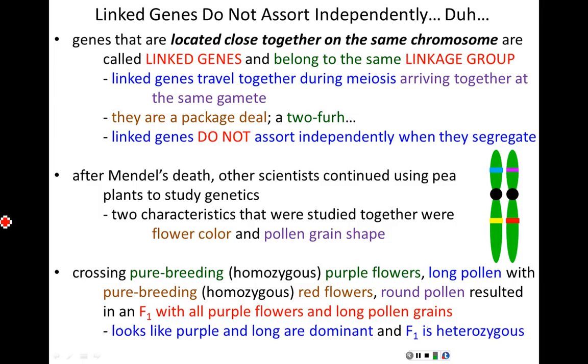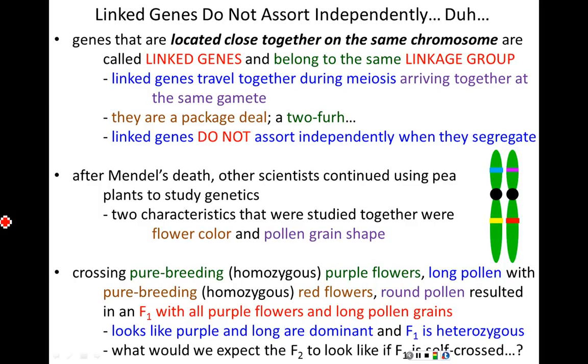Then, of course, the individual did the self-cross, the F1 cross to get F2. And what would we expect when we do that dihybrid cross between heterozygotes for 2 genes? We would expect 9/16 of the progeny to be purple and long, 3/16 to be purple and round, 3/16 to be red and long, and 1/16 to be red and round.